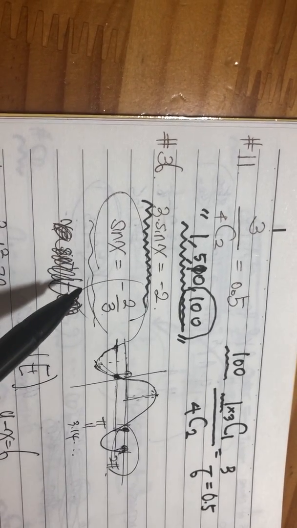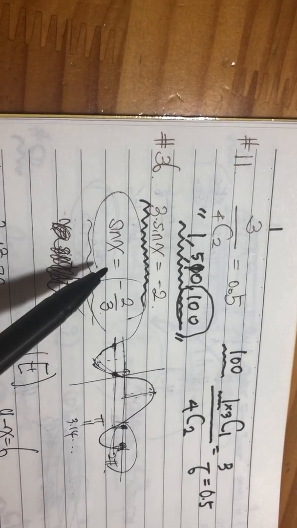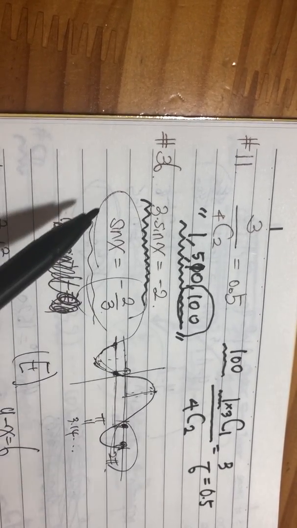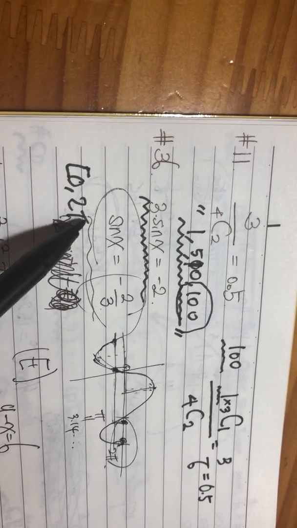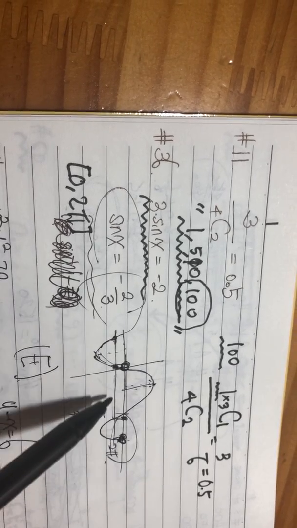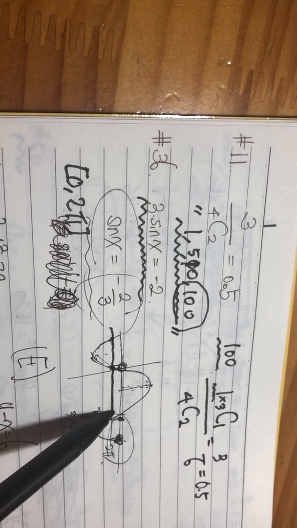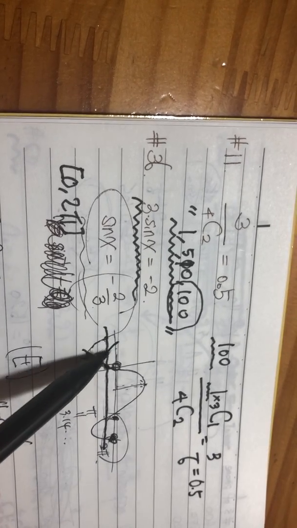And that doesn't work out because if you draw sine x, and the domain is from 0 to 2 pi, right? So it's from 0 to 2 pi. And -2 over 3 is going to be around here, right? So then this one gets counted.